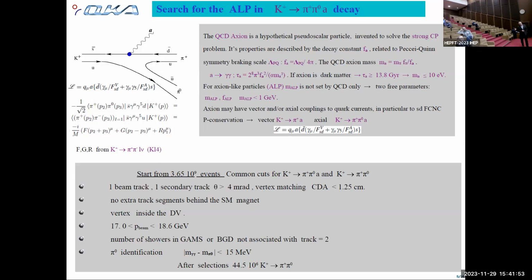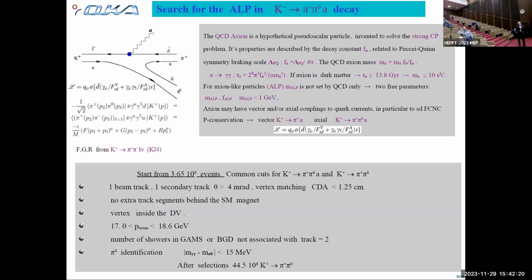You can find them in PDG, and so actually we have very good model for this decay. And for example, branching depends just on FSDA. So it's inversely proportional to the square of this constant. So our Monte Carlo is a very detailed one.